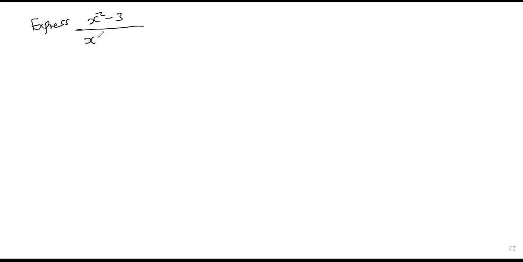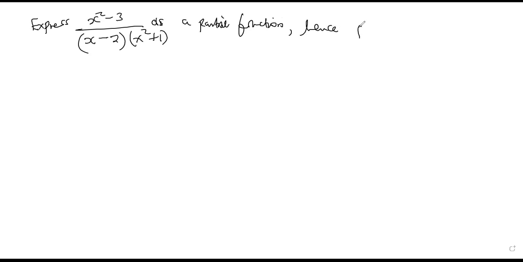I will express it into partial fractions, and then I let everyone integrate. Express as a partial fraction. Hence, find the integral of x squared minus 3.